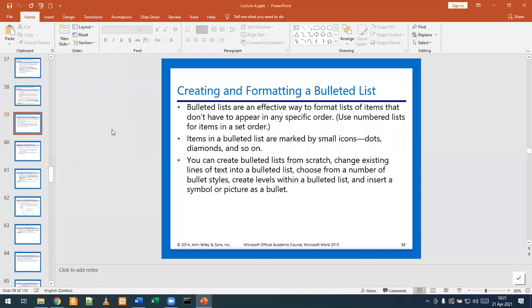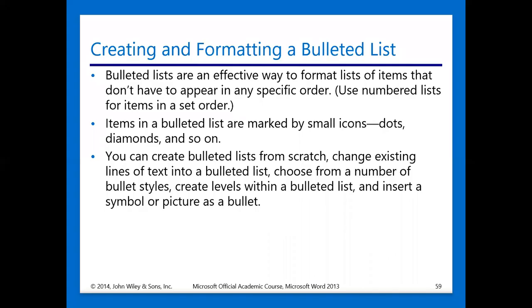So let's discuss creating and formatting bullet point lists now. Bullet points or bullet lists are an effective way to format lists of items that don't have to appear in any specific order. You can also use numbered lists if you want your items to be in a specific order.